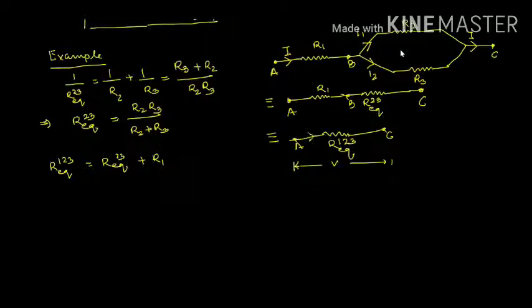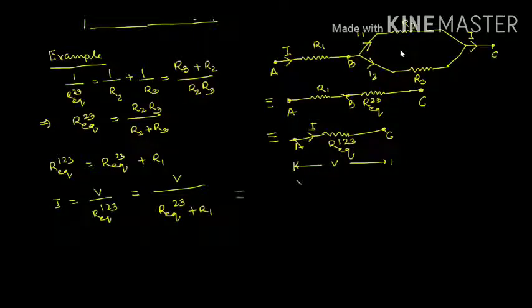is given by Ohm's law, that is equal to V by the equivalent resistance R equivalent 1, 2, 3. So this is equal to V by R equivalent 2, 3 plus R1.